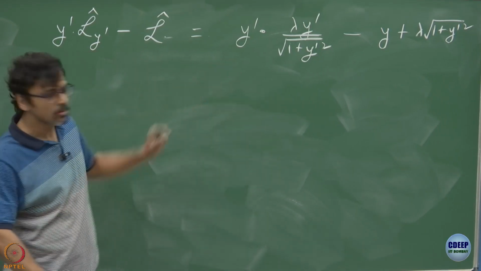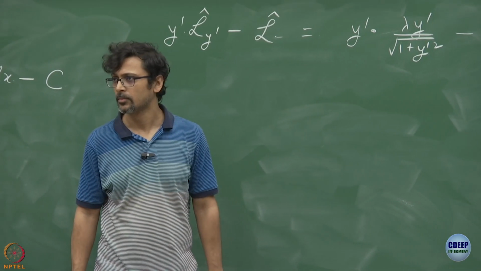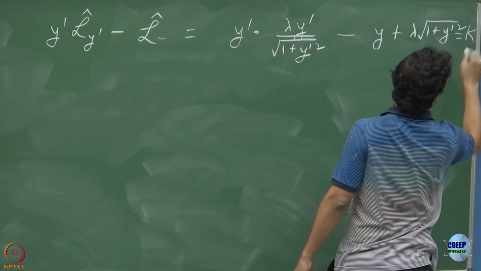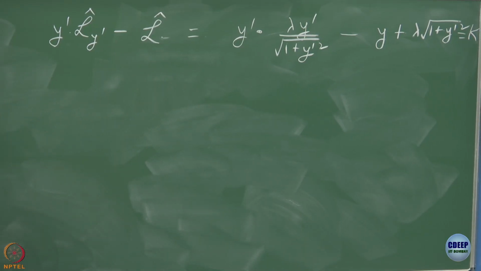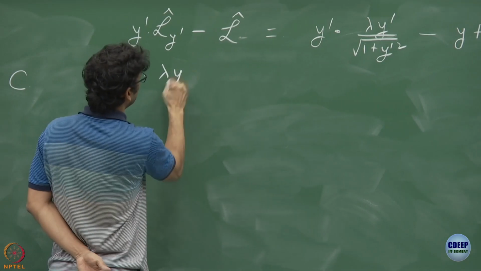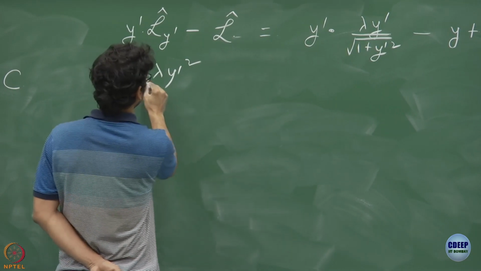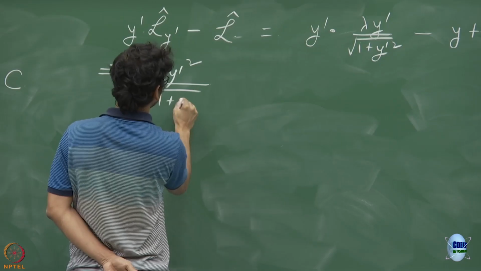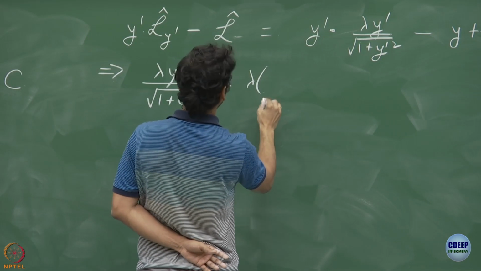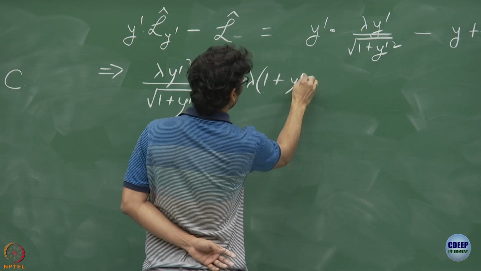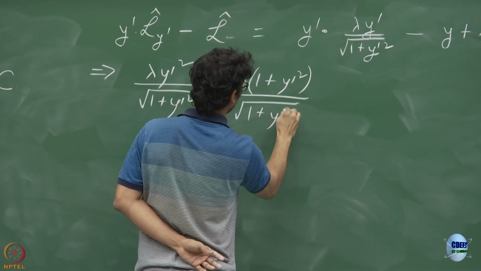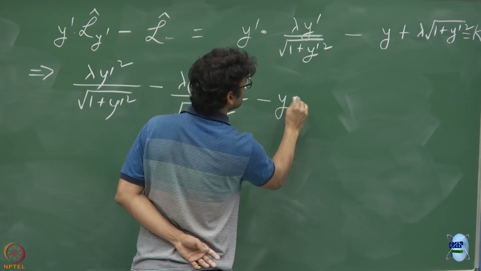What is this got to be equal to? Some constant, right? So essentially this is equal to some constant, say k. This implies lambda y prime squared upon root 1 plus y prime squared minus lambda into 1 plus y prime squared divided by root 1 plus y prime squared minus y is equal to k.